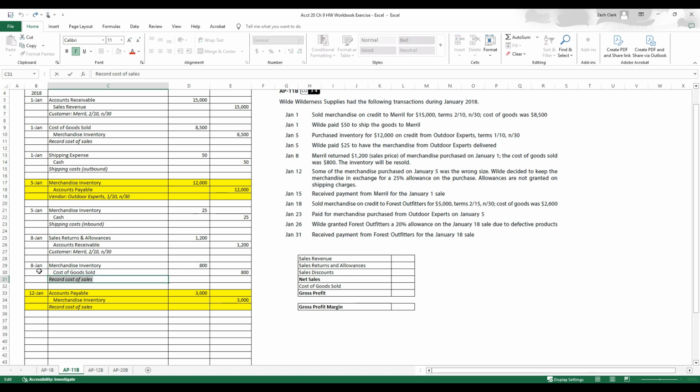I think I need to update this here. Let me make sure I've got it was Merrill. And shipping costs. Okay, and let me just update this. So this was inventory return from Merrill.